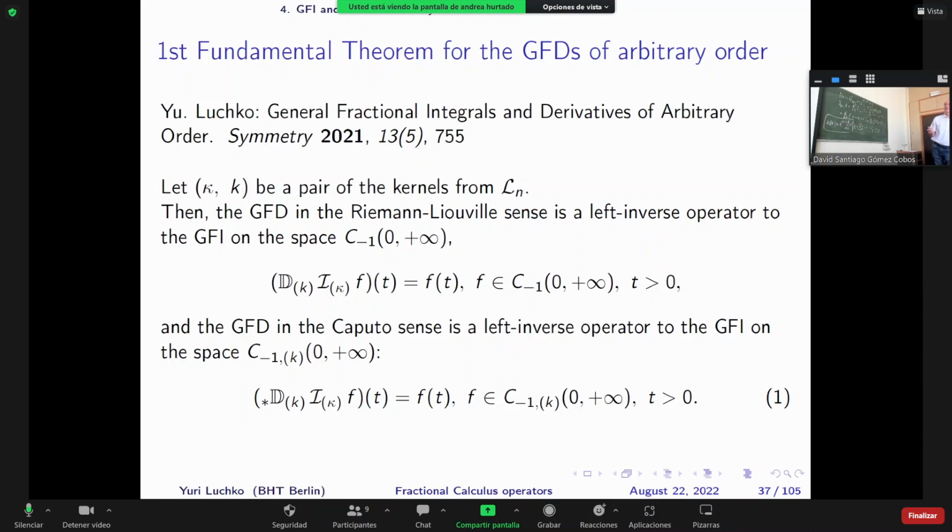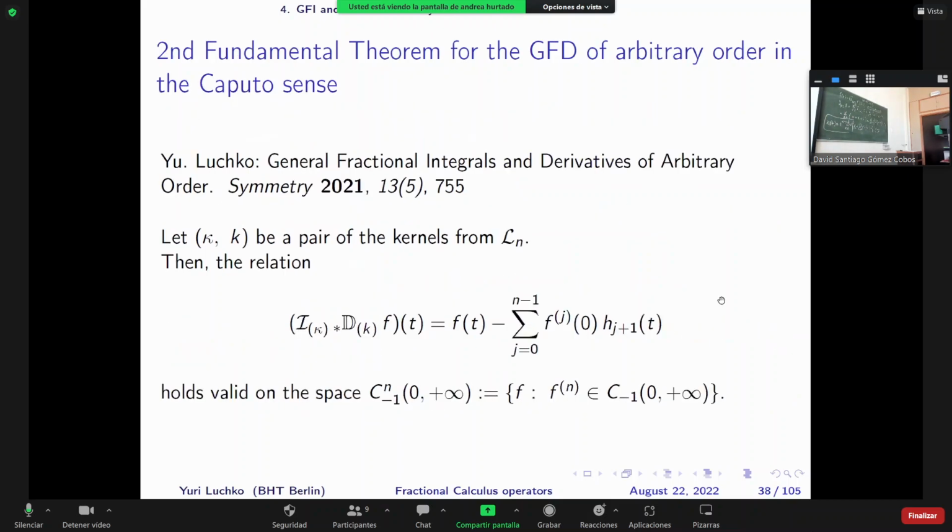And both derivatives of the Riemann-Liouville type and of the Caputo type are left inverse operators to the general fractional integral on special spaces of functions that we introduced yesterday, c minus 1 here, and here c minus 1k. The first fundamental theorem is there, and the form of the second fundamental theorem is more complicated, again because we consider the operators of arbitrary order.